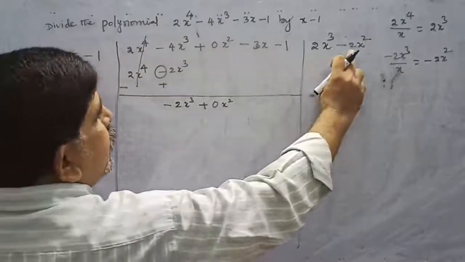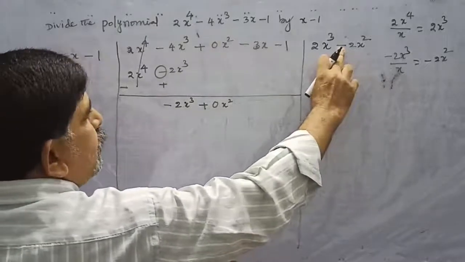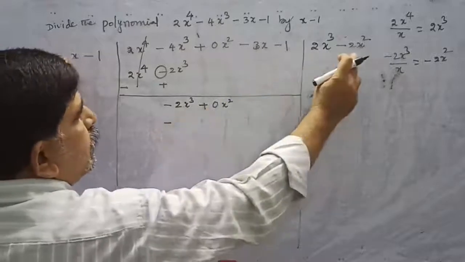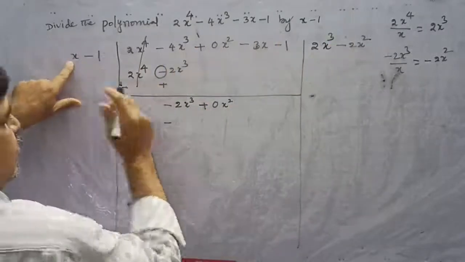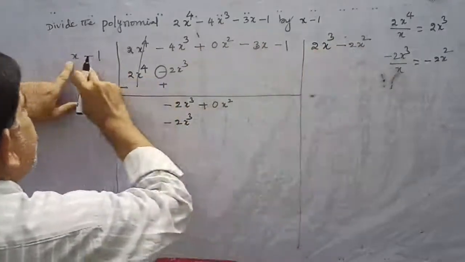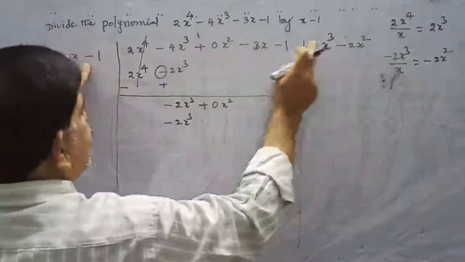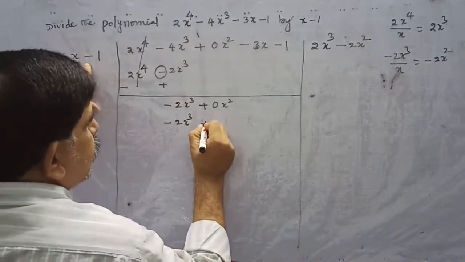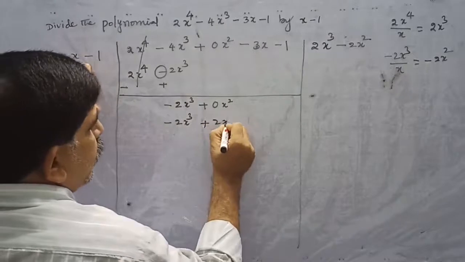What do we get? Minus into plus, minus 2x square into x, 2x cube. Minus into minus, plus 2x square into 1, 2x square. So that is plus 2x square.